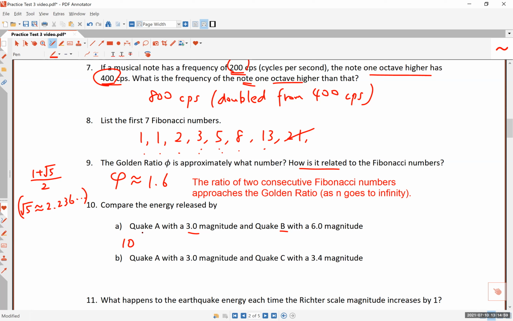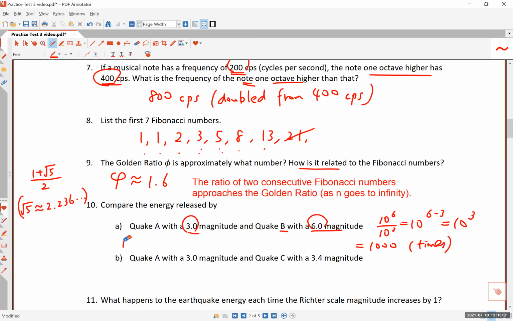The first one is 10 to the 6, that's what the magnitude 6.0 means, and the magnitude of 3.0 means 10 to the 3. The ratio is the quotient, the result of the division. So this is 10 to the 6 minus 3. You always have to subtract the magnitude numbers and raise 10 to that number. So this is 10 to the third, which means 1,000 times.